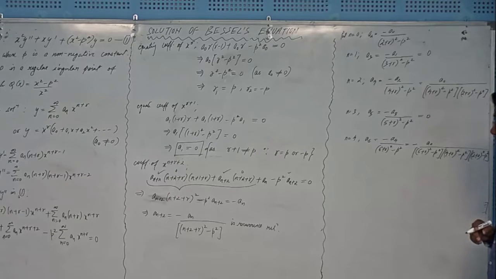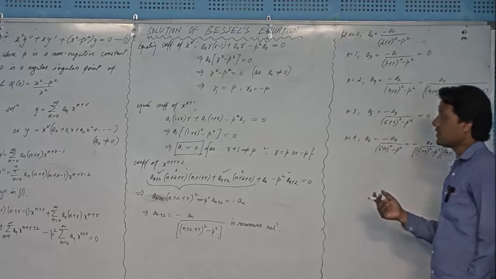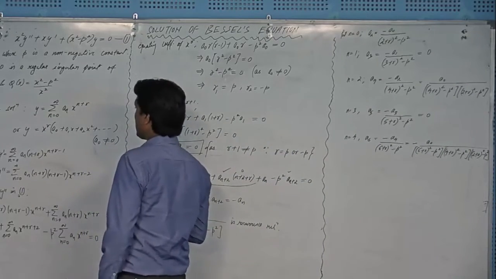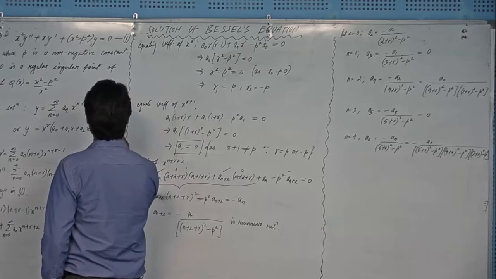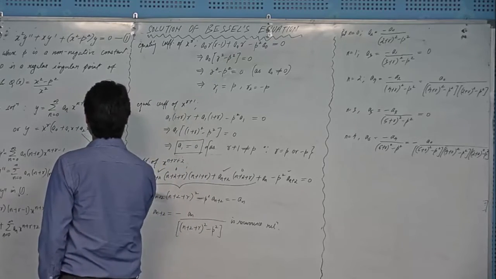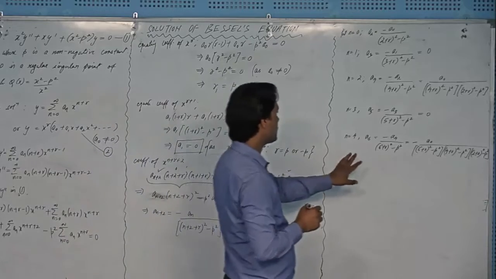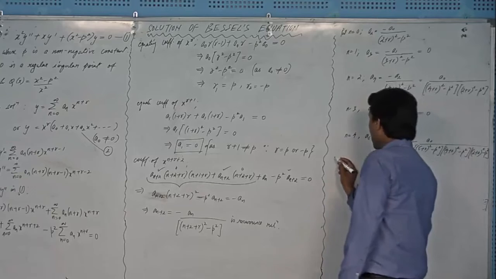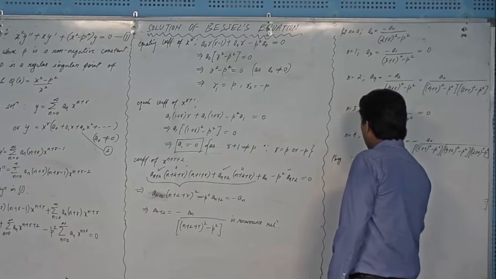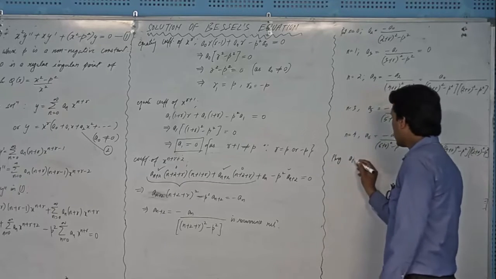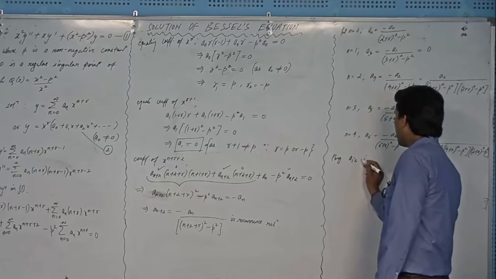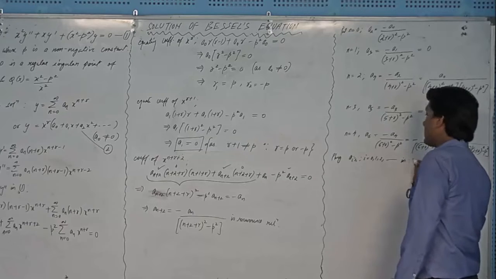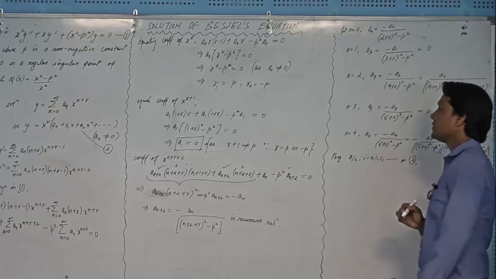Now I will plug these coefficients into my equation. This is my solution, which I will call equation number 2. I will plug all of those coefficients a_i, where i is equal to 0, 1, 2 and so on, into equation number 2 in order to get the solution.